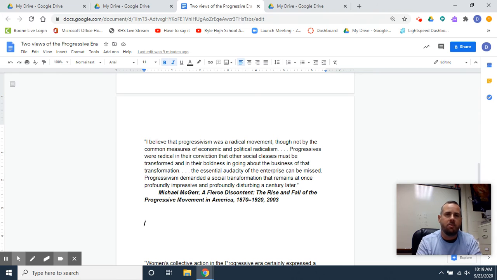Of course, women not having the right to vote in most states. Progressives demanded a social transformation. It's impressive. And then a century later, when we look at some of the obstacles that those groups are still facing, it might be disturbing.